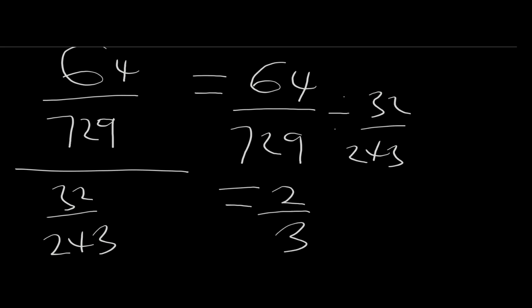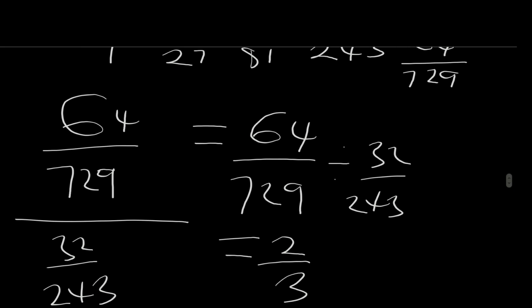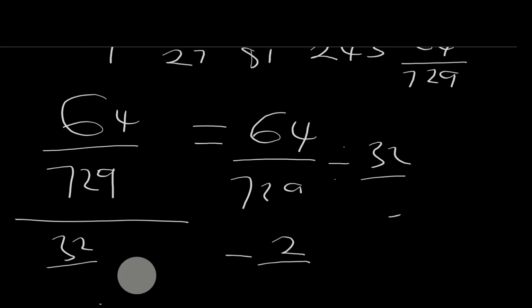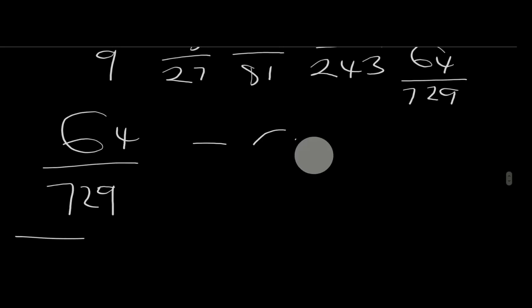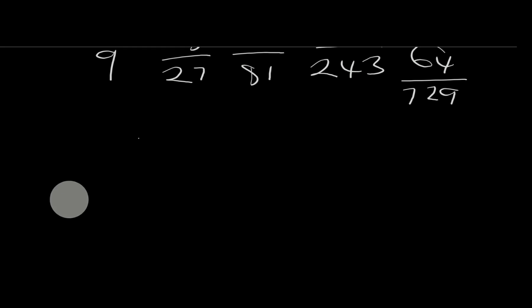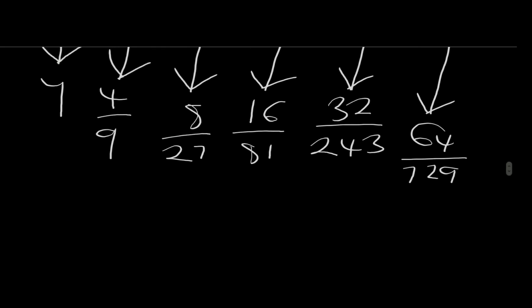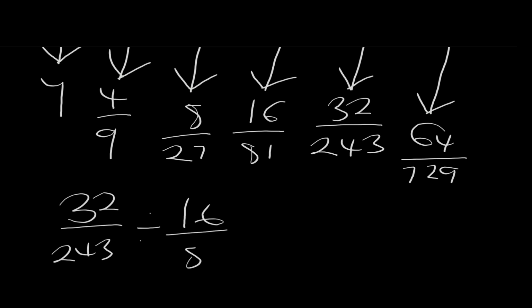Okay. Let's do the next one to see if you are going to get 2/3. So we have 32 divided by 243, and that is also dividing 16 over what? 81. So I have 32 divided by 243 divided by 16 over 81.